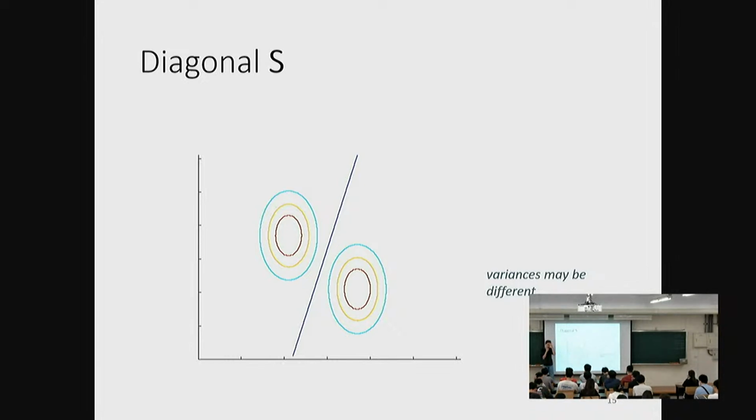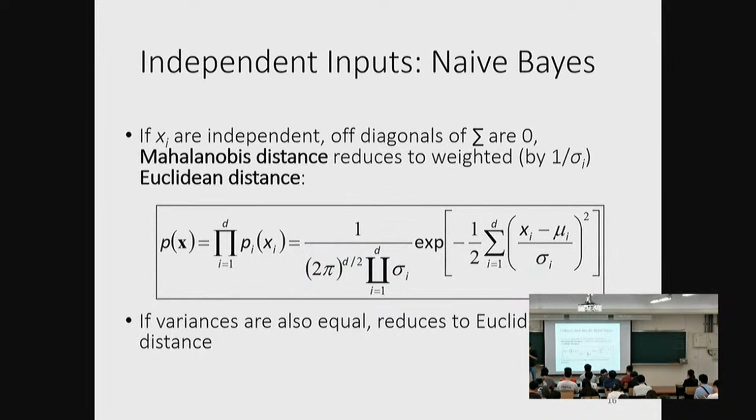Okay, so this is what we call the naive Bayes classifier.